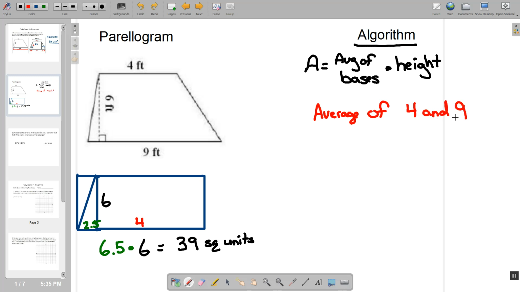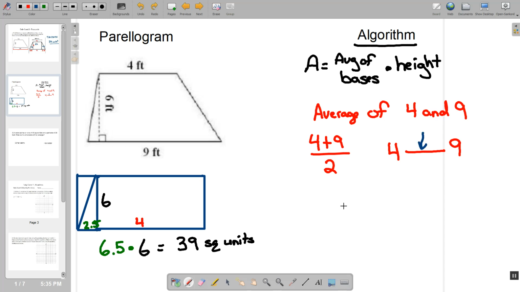Once again, there are 2 ways to find the average of 4 and 9. The first way is we could do 4 plus 9, which is 13. We could take that answer divided by 2. The other way is we could think of 4 and 9 on a number line and then search for the number that is halfway between them.